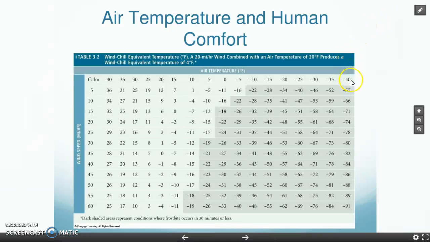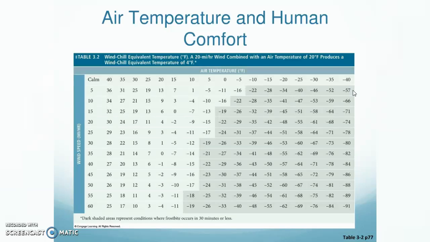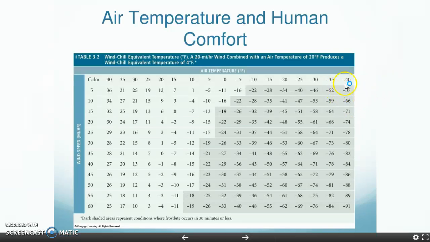But if it's minus 40 degrees Fahrenheit and you have a 5 mile an hour wind, you see that the temperature now drops by 17 degrees. So you have a perceived temperature, or a wind chill temperature, of minus 57 degrees. So the effect is much stronger at colder temperatures and slower wind speeds.